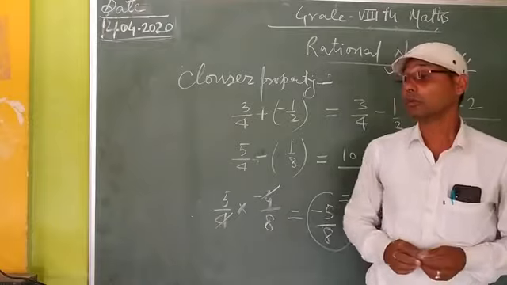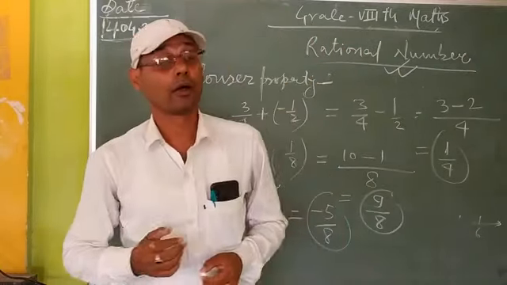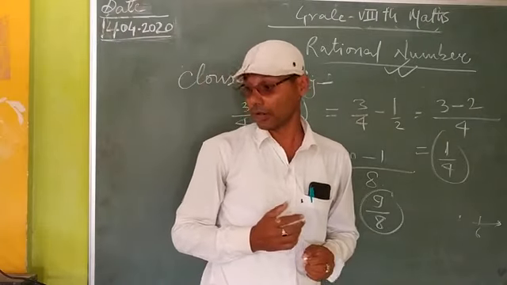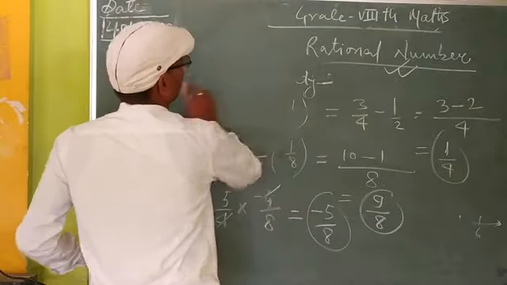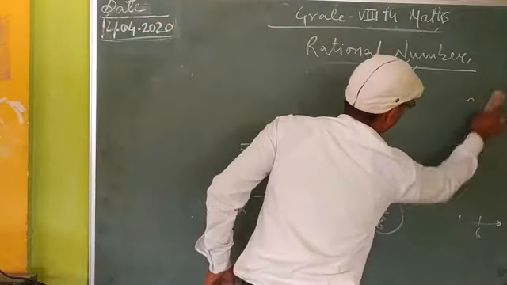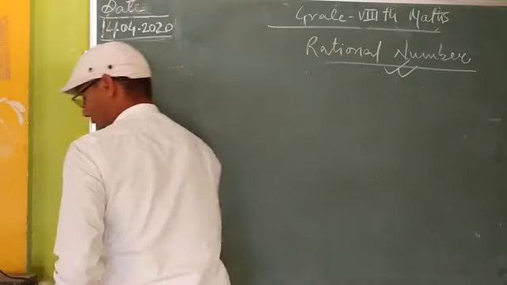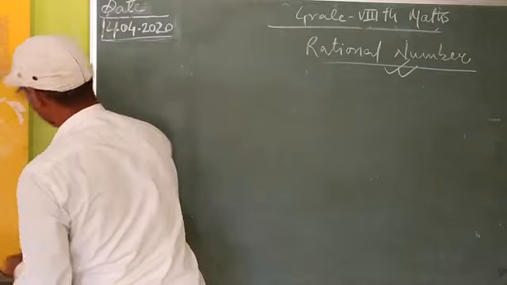After closure property, there is the commutative property of rational numbers. Commutative property.